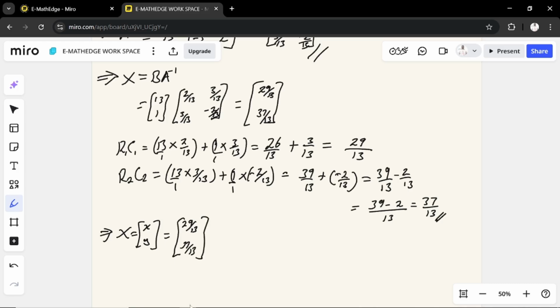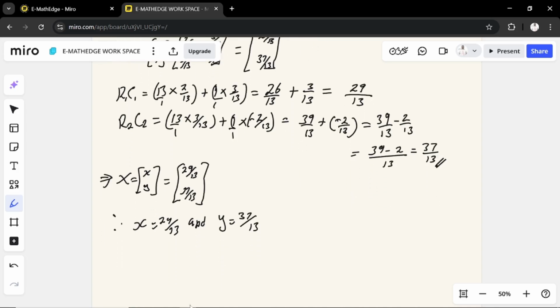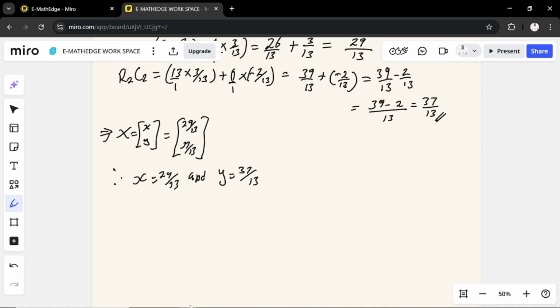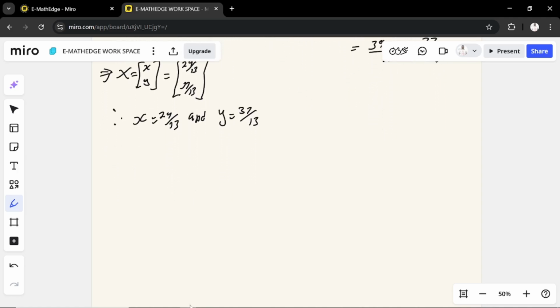So that is to say, in a nutshell, this implies that X is equal to 29 all over 13 and the value of Y is equal to 37 all over 13. So that is the value for X and Y which we are looking for.